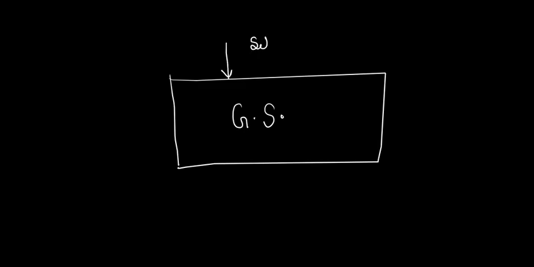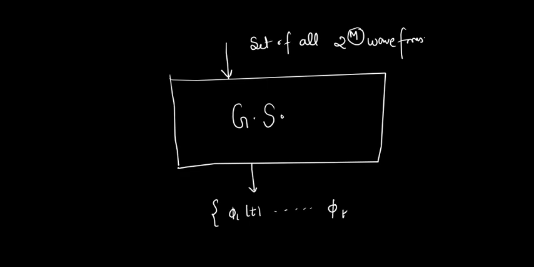This set of all 2 to the power m waveforms, yes or no, where m is the number of input bits, and it will reduce it, or it will try to give you a set of k possible orthonormal basis functions. So, each of phi 1 t to phi k t constitutes a set.